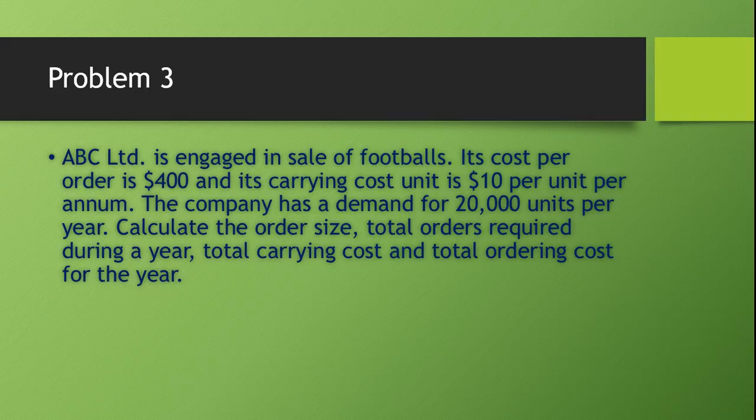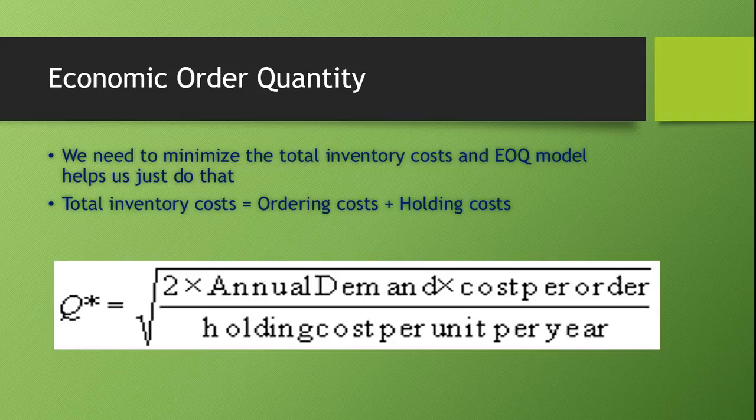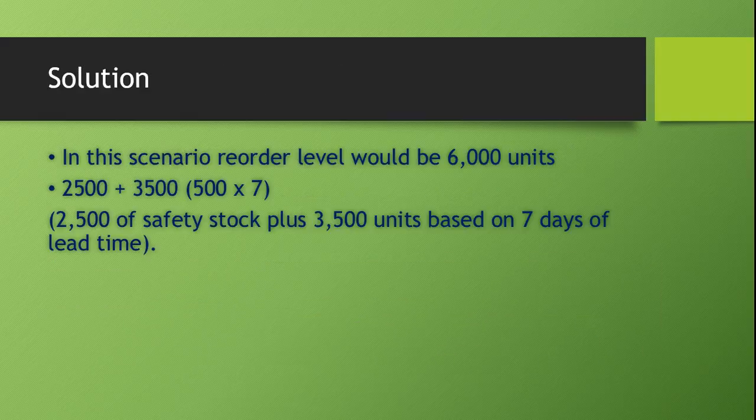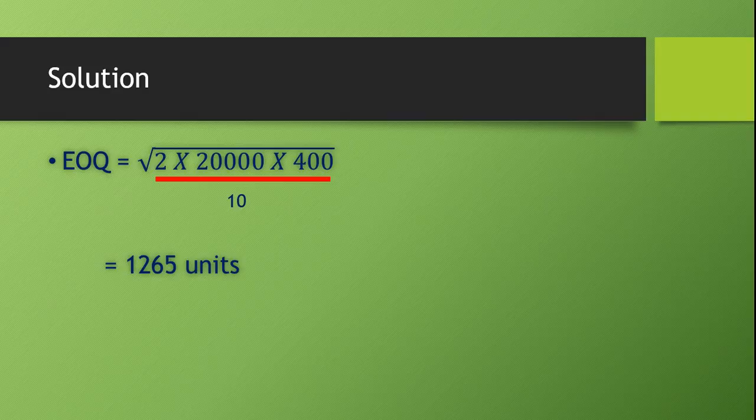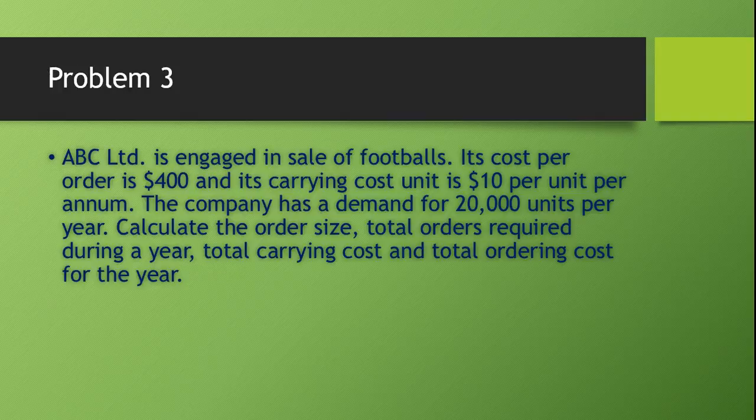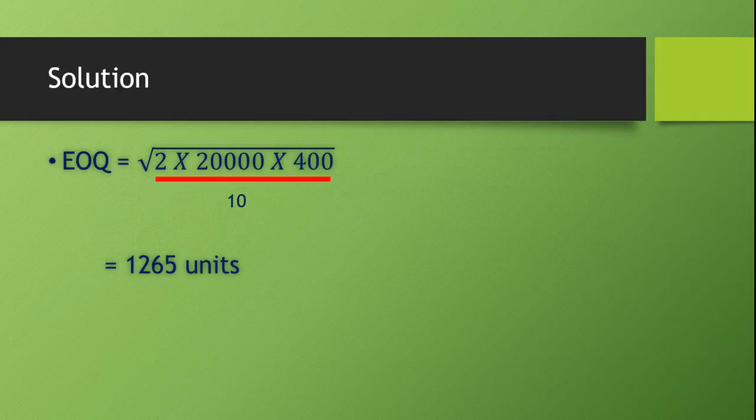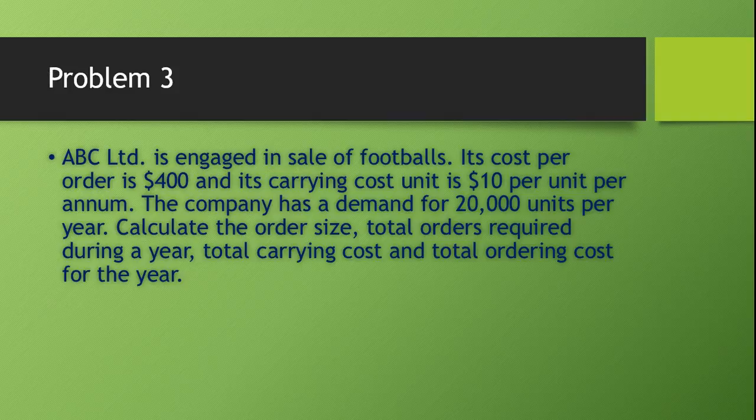Now we are supposed to calculate the total ordering cost. The cost per order is $400. So your total ordering cost will be 1265 into 400, and you have to calculate the carrying cost.